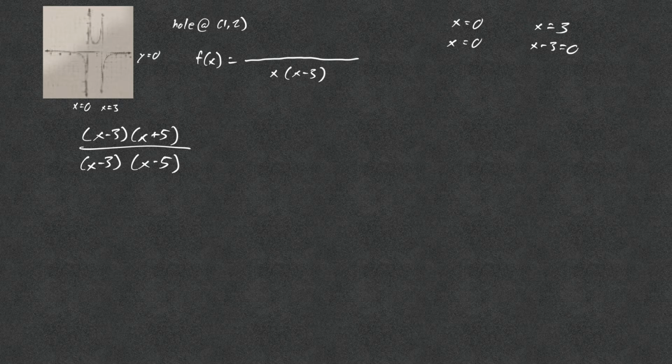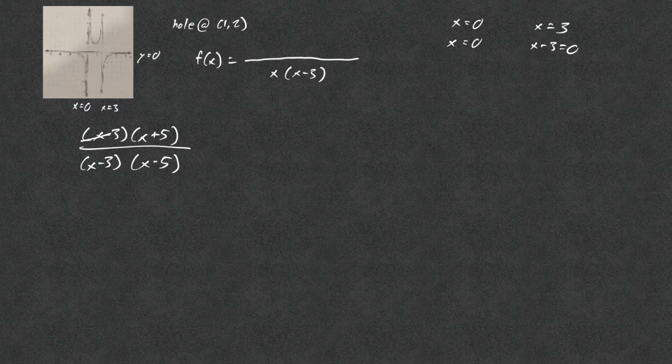Whenever you can cancel them out like that, that's when you know there's a hole. And in this example problem, the hole happens at x equals 3, because you solve x minus 3 equals 0 and get x equals 3.